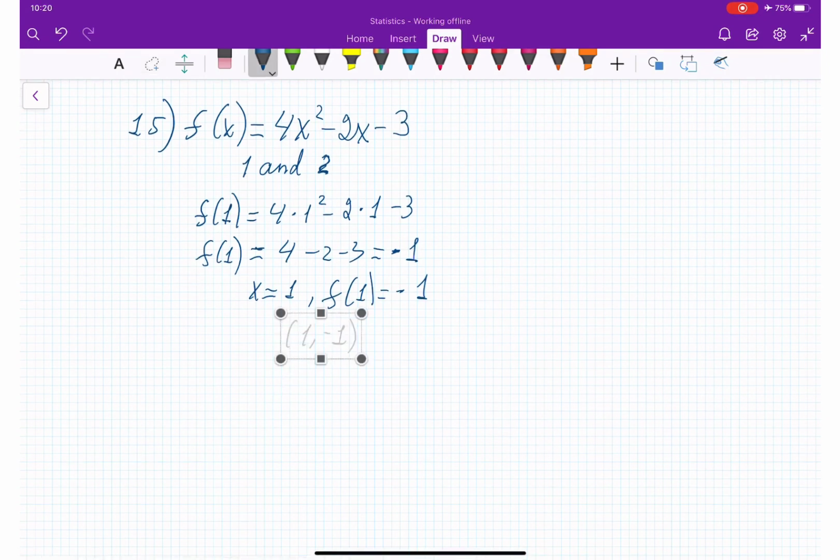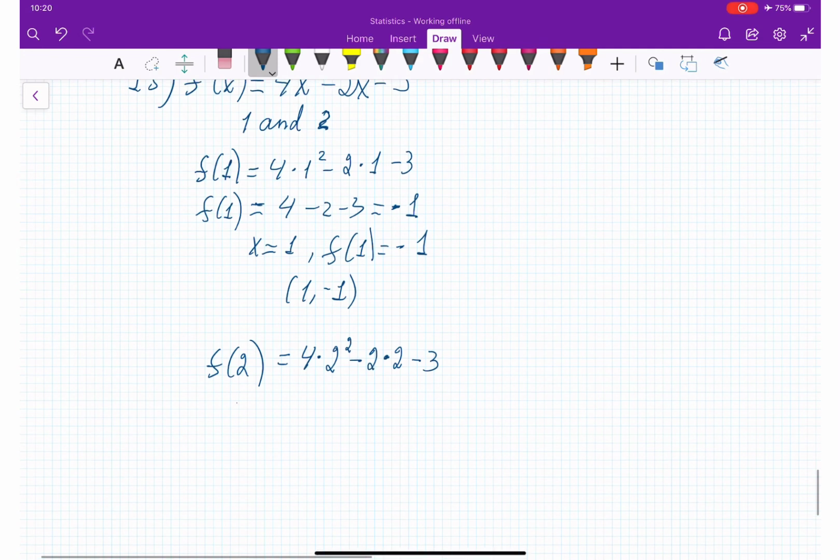Second, point 2, f of 2. So f of 2 is equal to 4 times 2 squared minus 2 times 2 minus 3. So f of 2 is equal to 4 times 4 minus 4 minus 3.